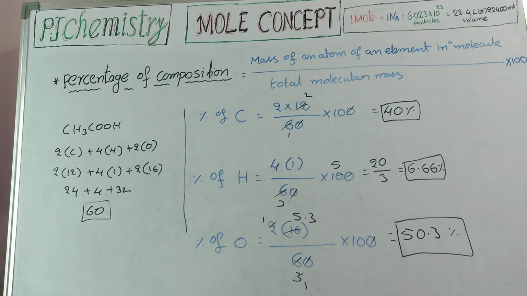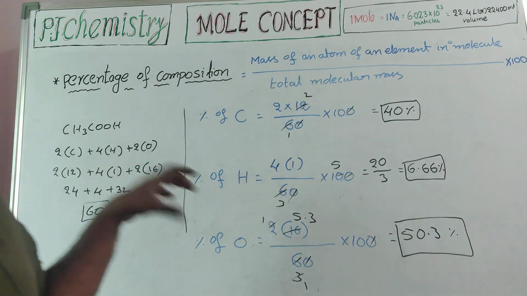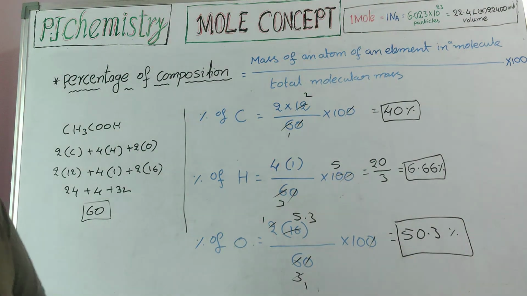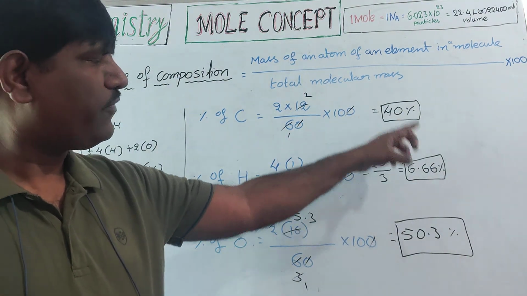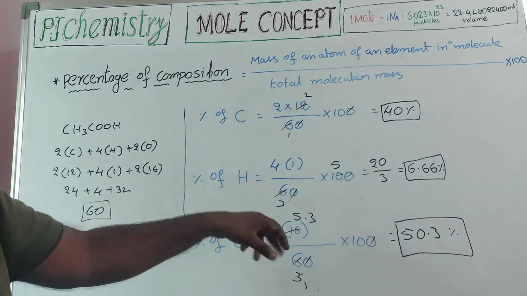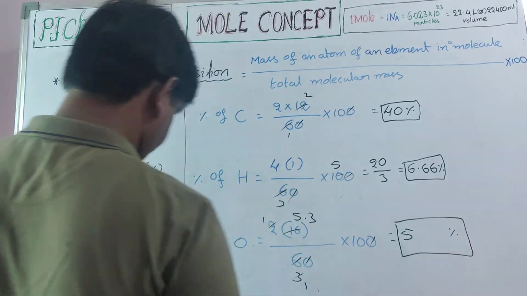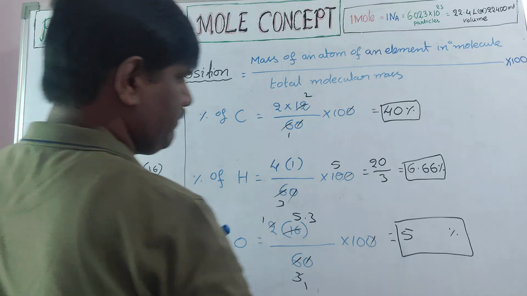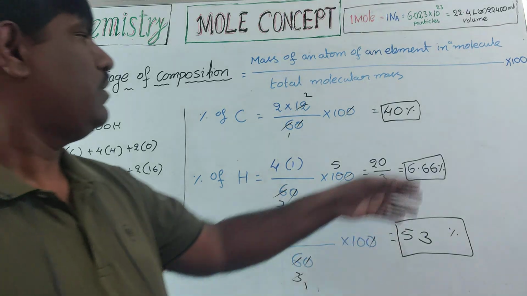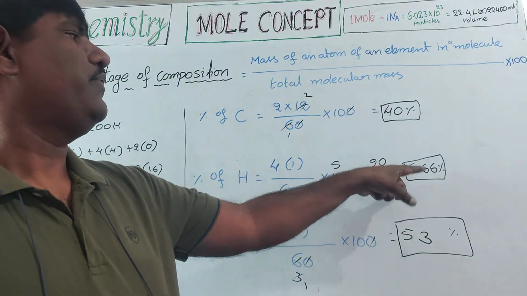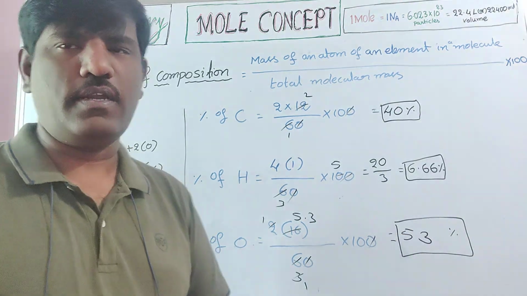Yes, this is the way of calculation, finding the percentage of composition, how much percentage a particular element is in a complete formula. Okay, 40, 6, round off 7, 47, 47 plus 53, 100 total.